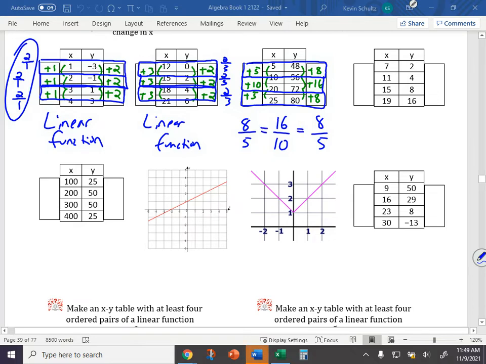Because that fraction, 16 tenths, remember we defined slope as a rate? The rate of 16 over 10 can be reduced to 8 over 5. These three values are all the same, even though the numbers are a little bit different. But we know that from fractions, right? You can have equivalent fractions, equivalent rates. Because these rates are all equivalent, this also is a linear function.